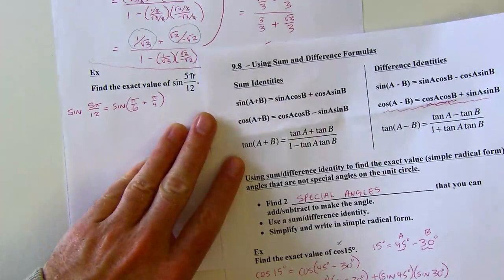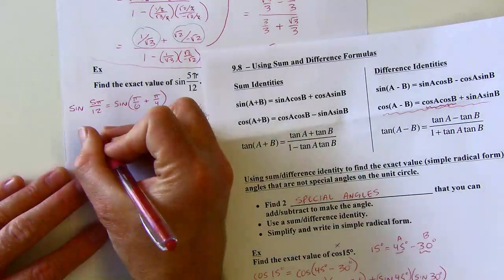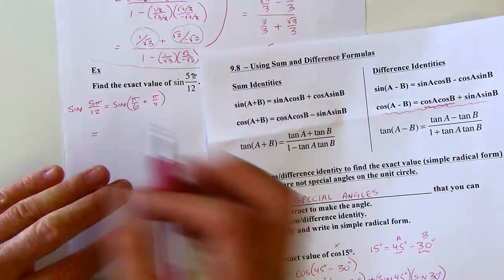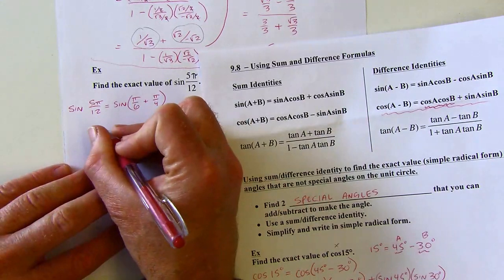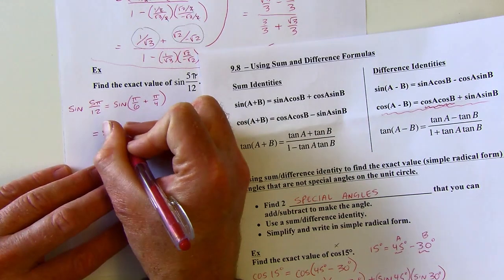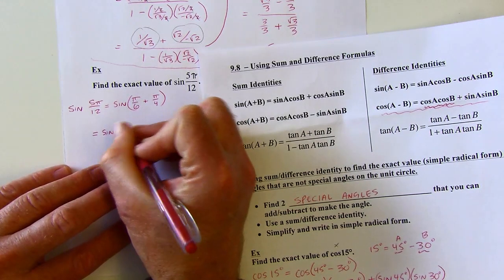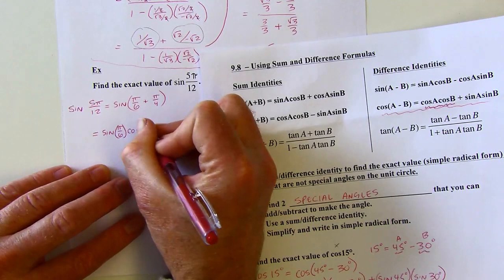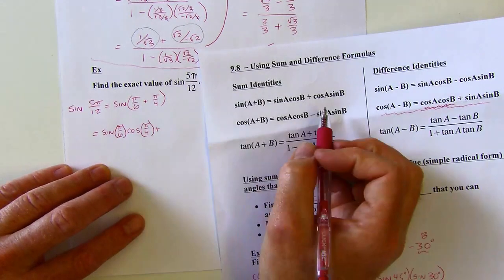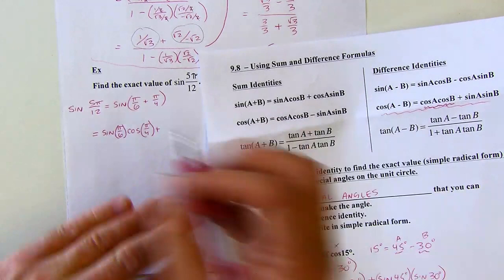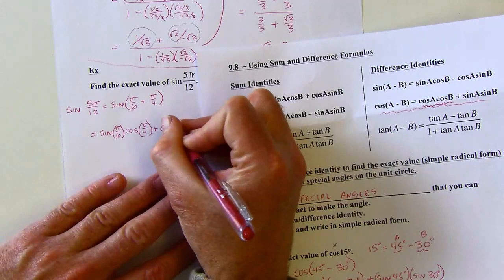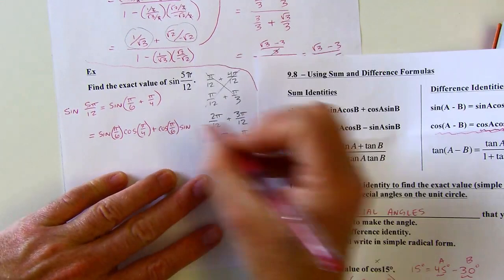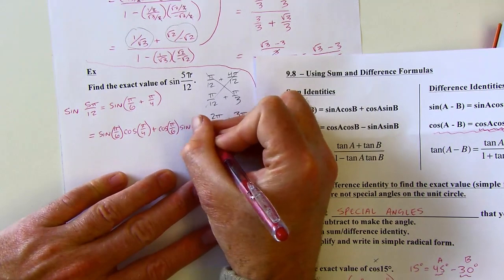I don't want to rewrite it in the interest of time, but I'm doing sine A times cosine B. Okay, and I'm going to add that to cosine A times sine B. Just got it in there.